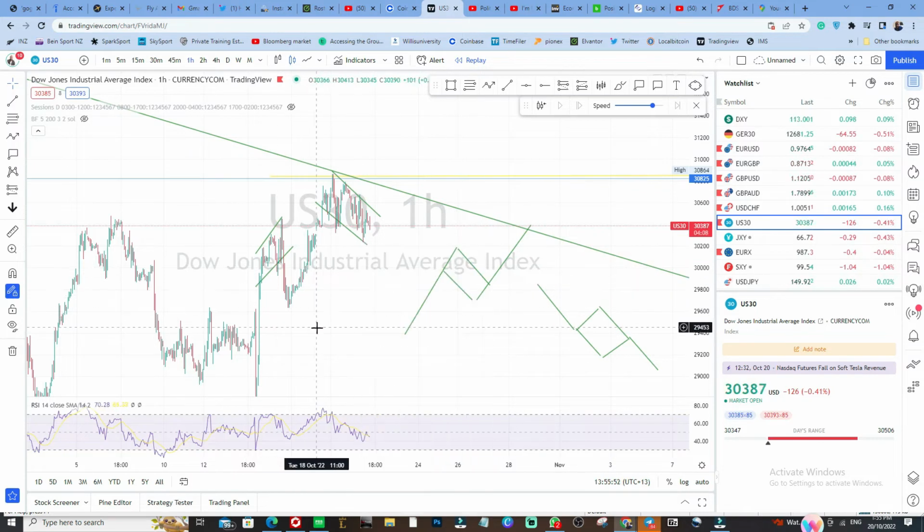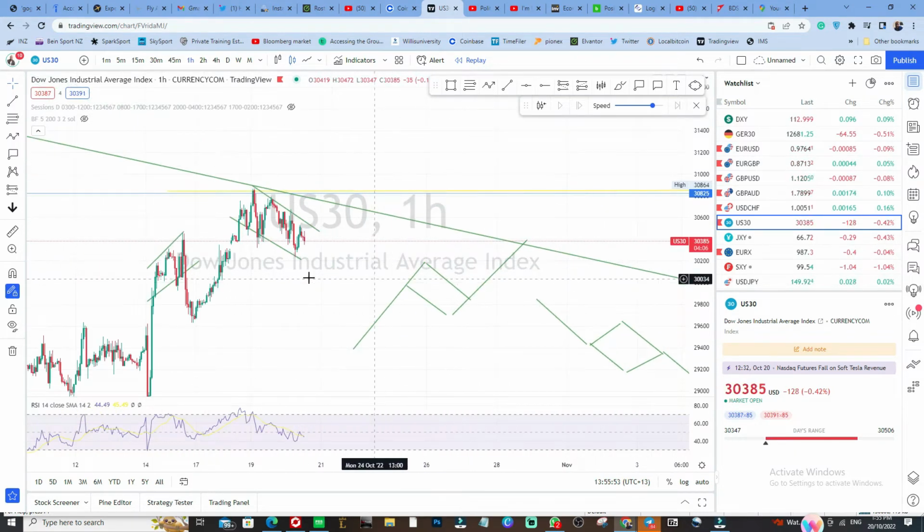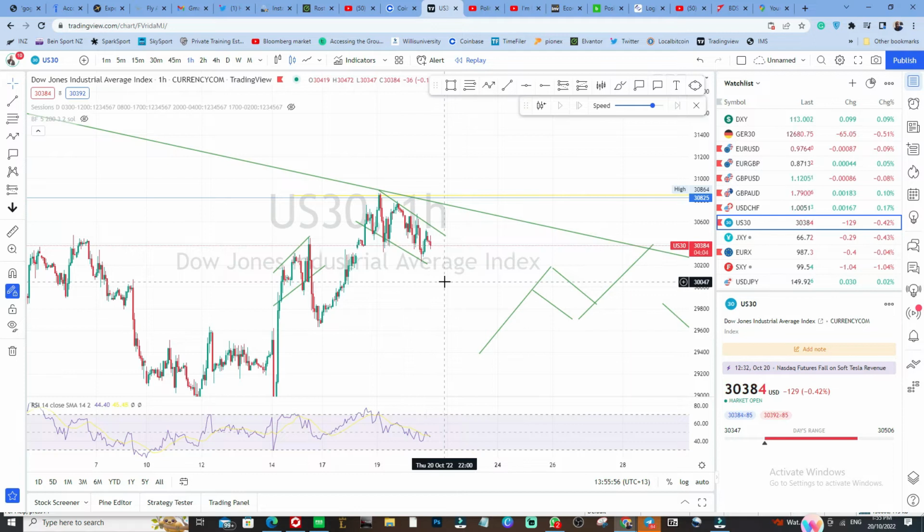Now in this case, you can see that anything can happen here. Remember that with inflation, the market is not really respecting structure, so I won't be surprised.